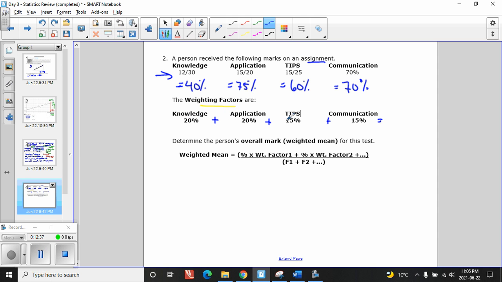There's 20, 40, 50, 60, 70%. So it's like a term mark kind of weighting. So they add up to 70%. Just kind of interesting to know. So our job here is to find the person's overall mark, which is a weighted mean or weighted average for this particular, I should say, assignment.